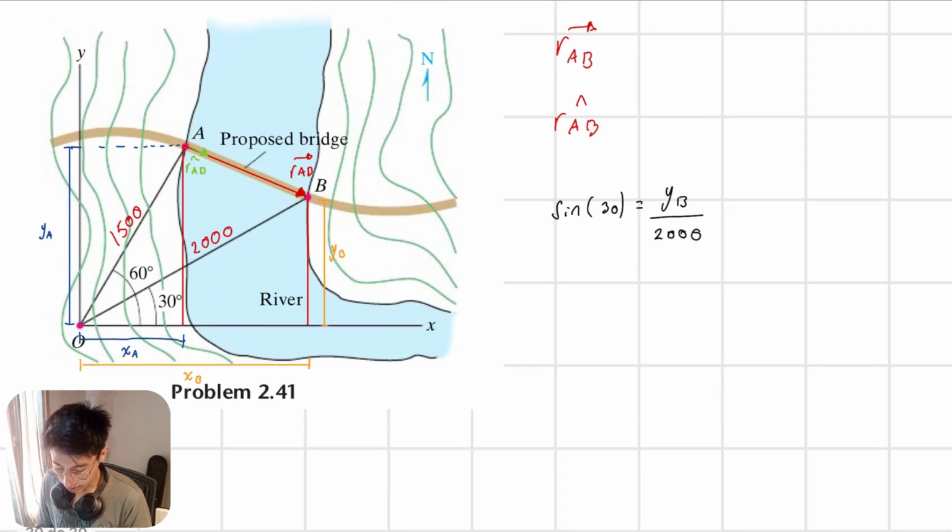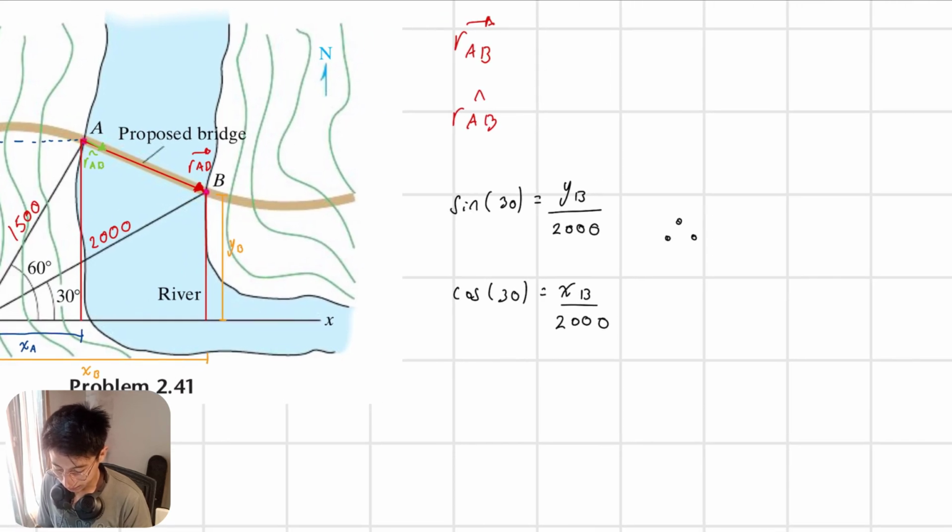Right? In the case of XB, I can determine that using the cosine. So the cosine of 30 is equal to XB divided by the hypotenuse, so 2000 as well.